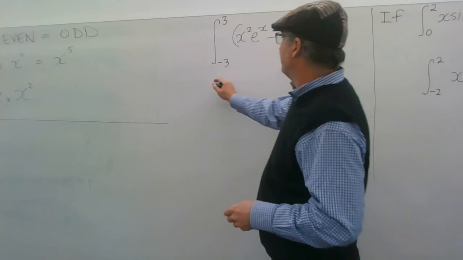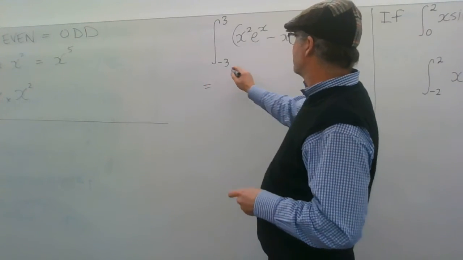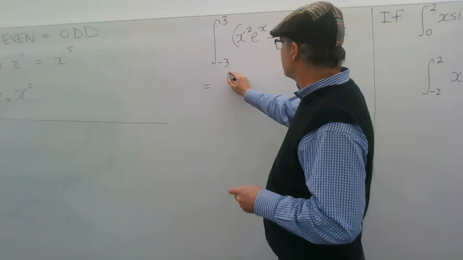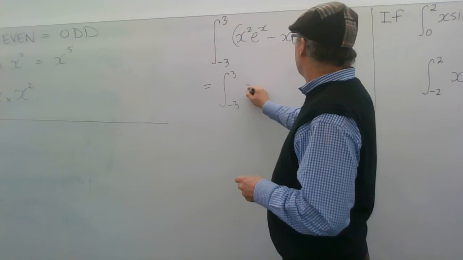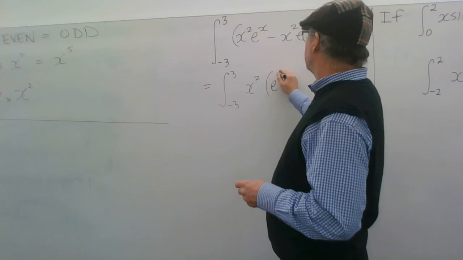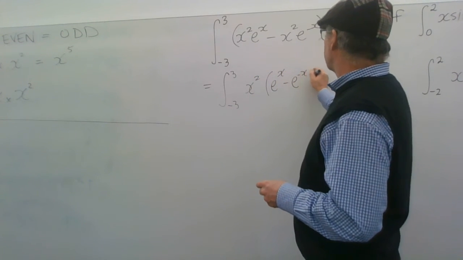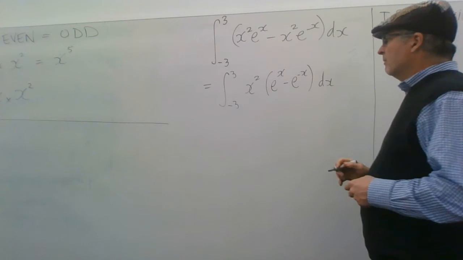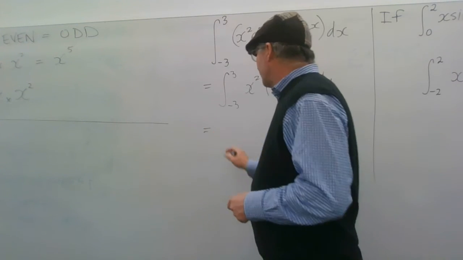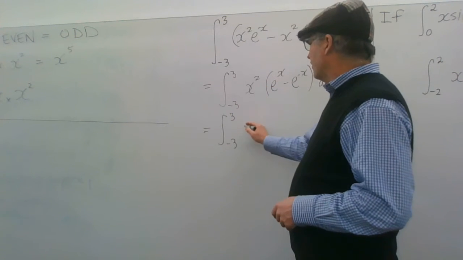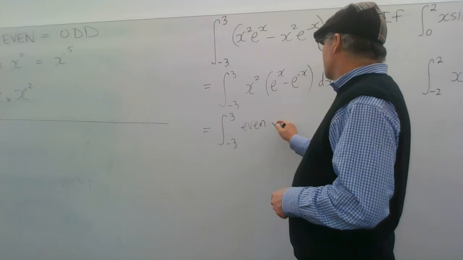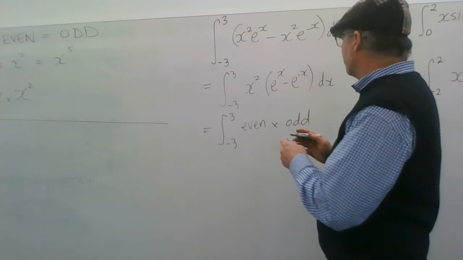What I need to do is just go, well, this is the same as the integral from minus 3 to 3 of x squared times e to the x minus e to the minus x. So that's the integral from minus 3 to 3 of an even function times an odd function.